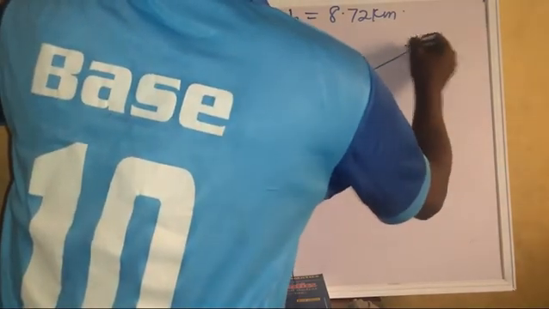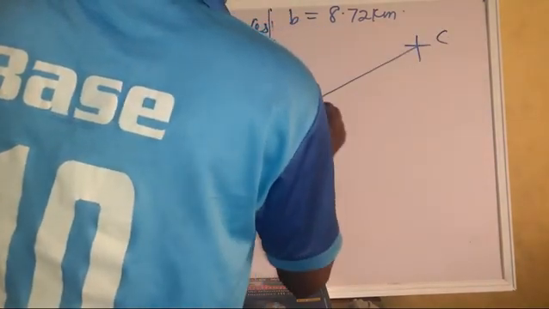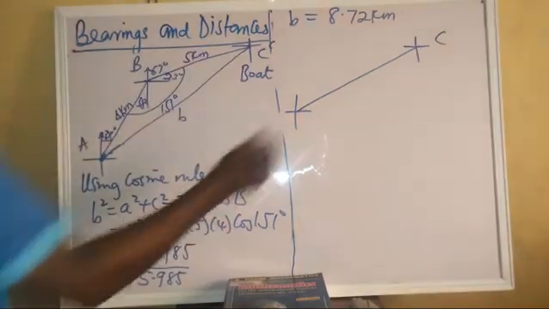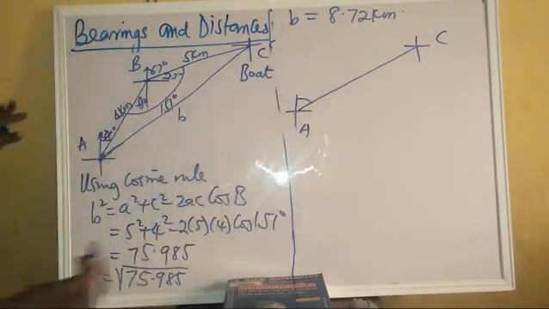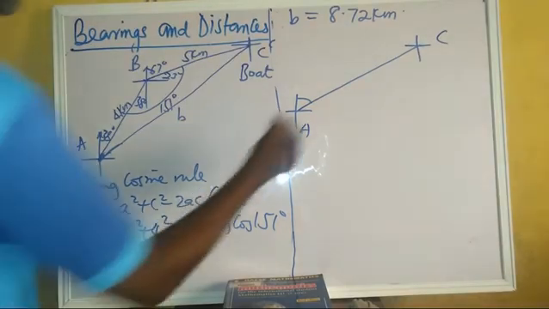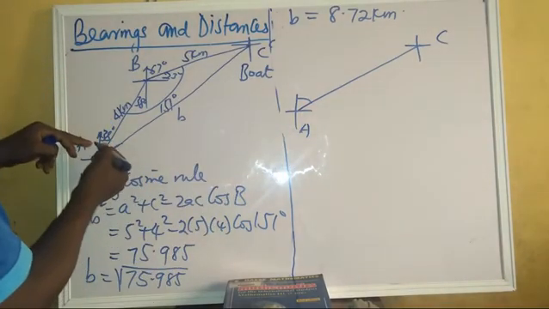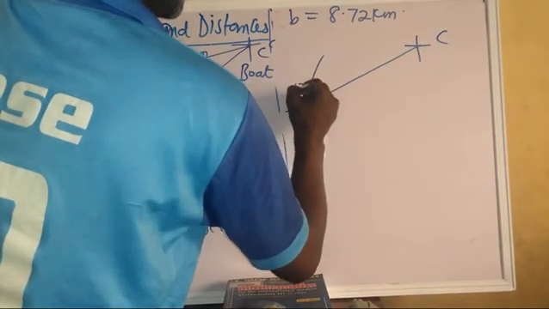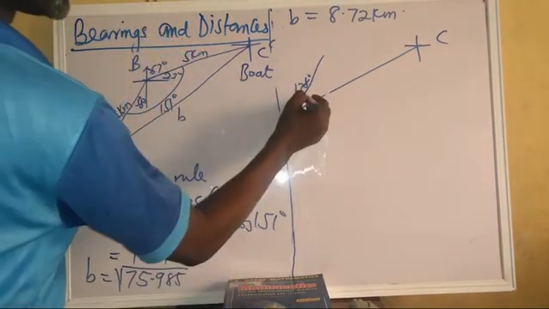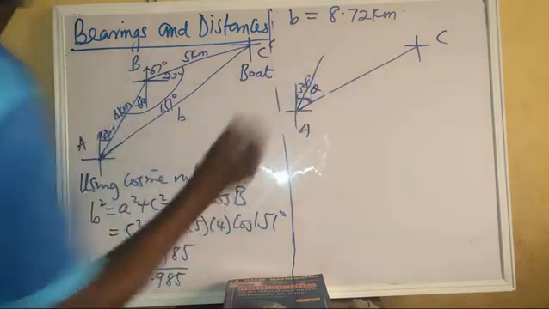This is what we have. This is C and this is A. Bearing of C from A, we need this angle. So out of this angle that we need, part of it is 38. So we need to calculate this small one, which is angle theta.